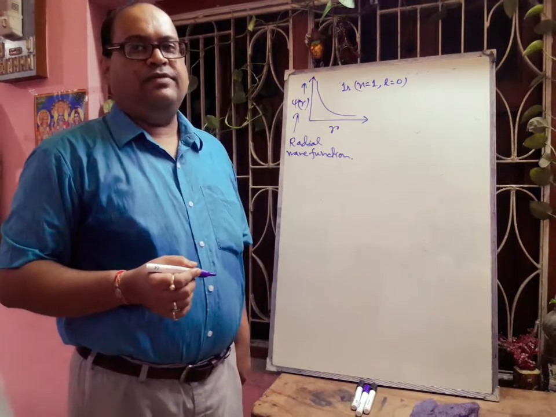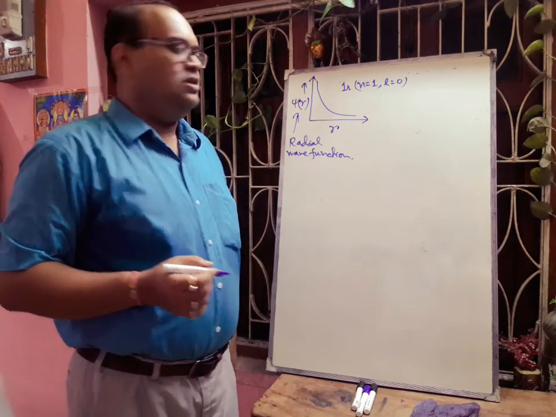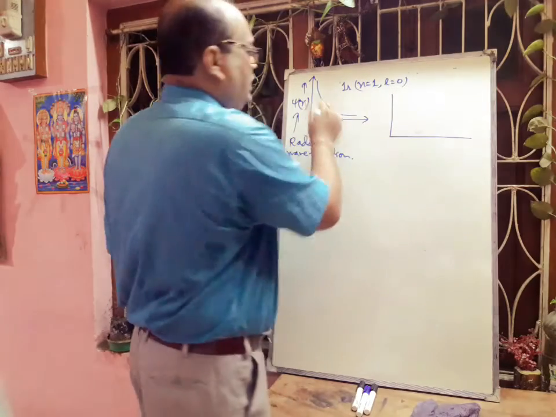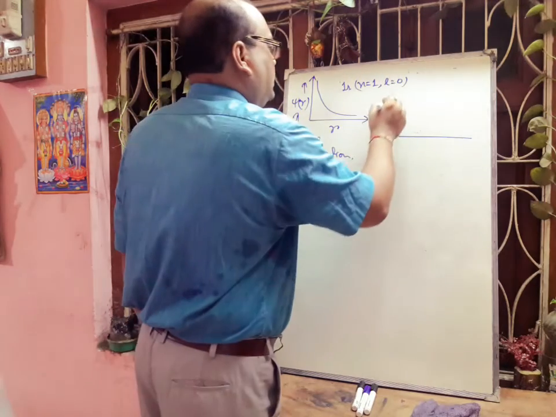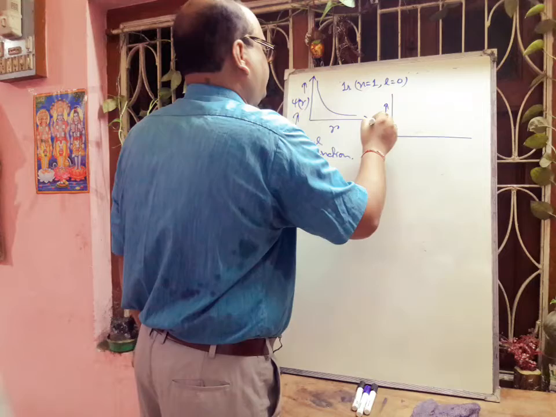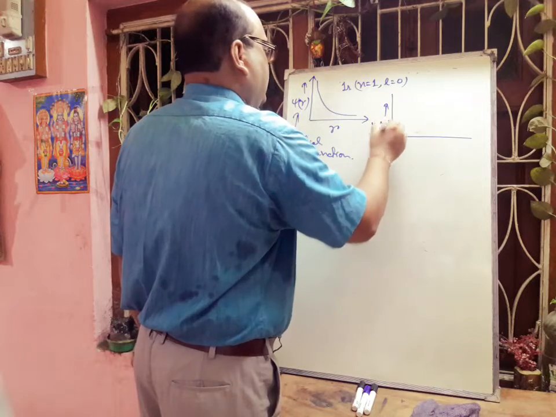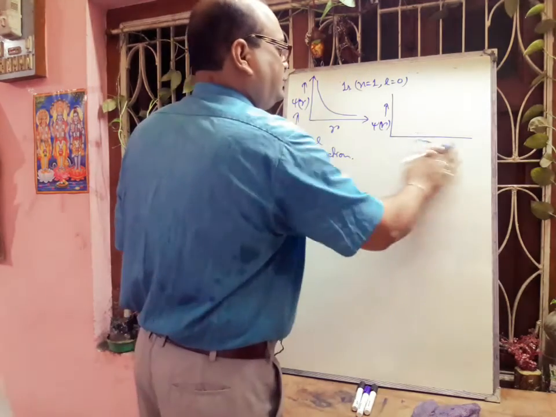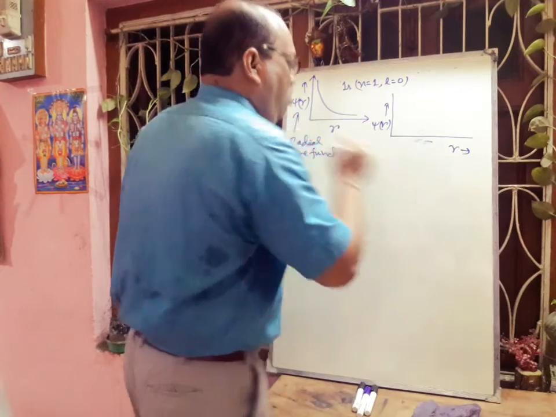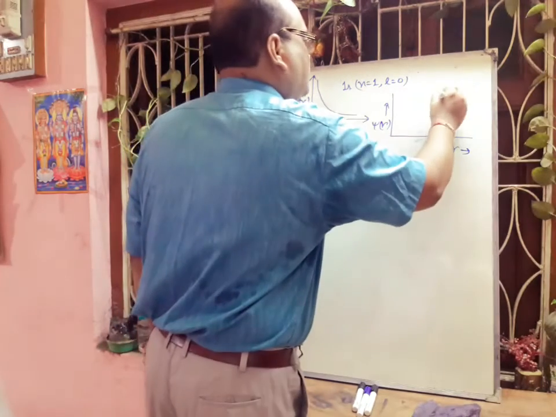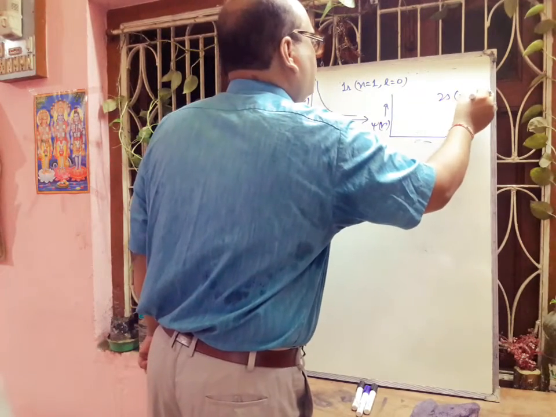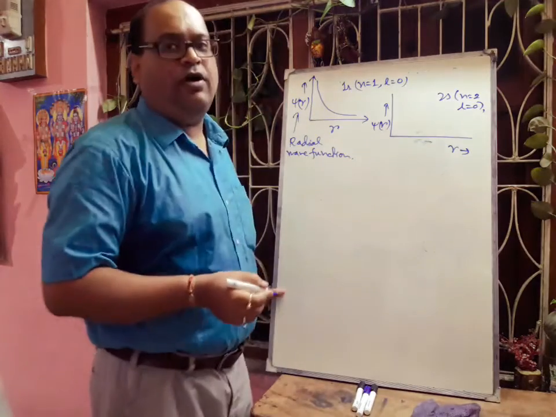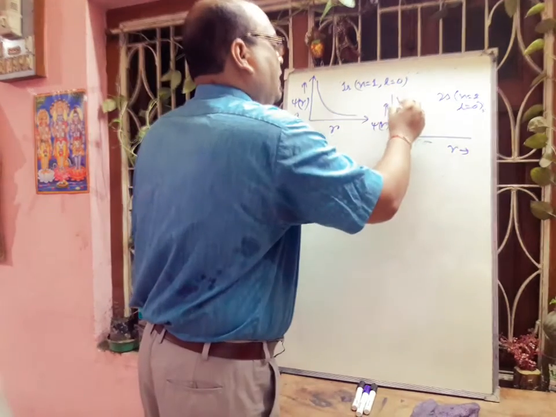Now in case of the 2s orbital, what will be the plot? It will go near about 0. In case of the 2s orbital, psi r versus r, where n is equal to 2 and l is equal to 0, if we plot, you will get a curve like this.